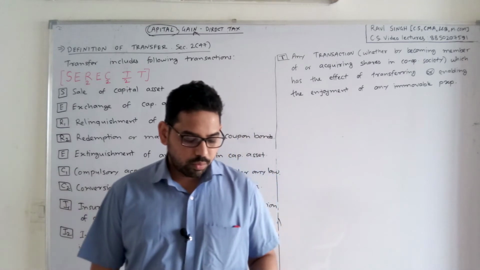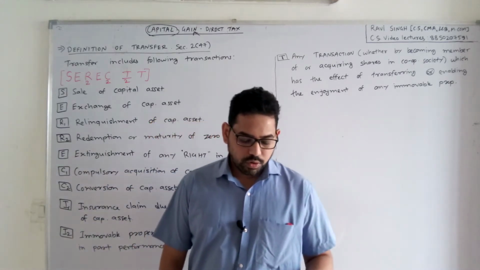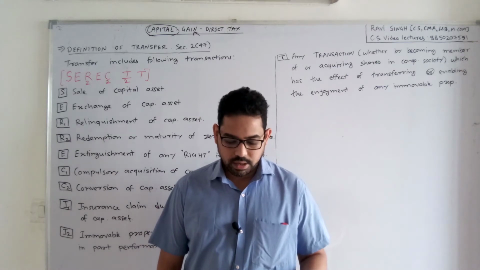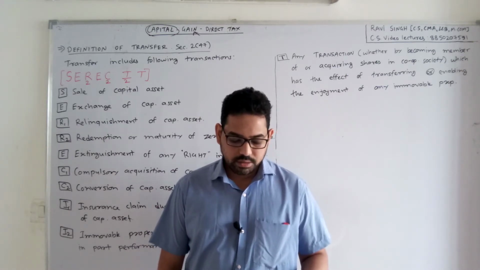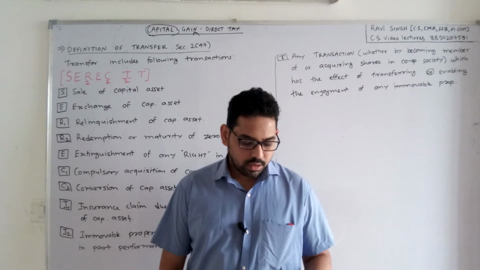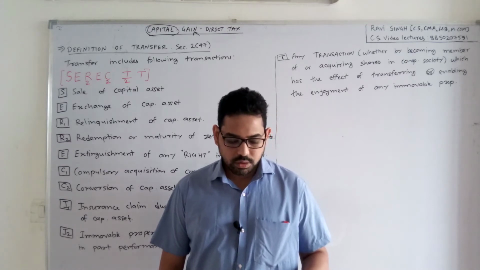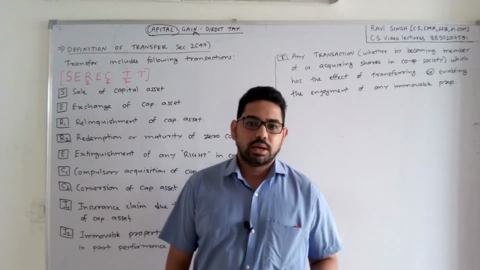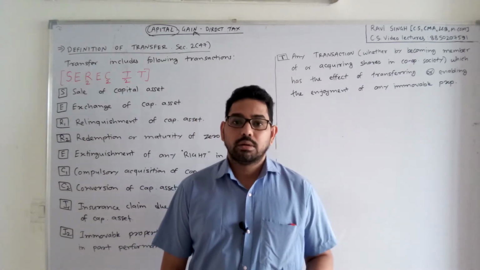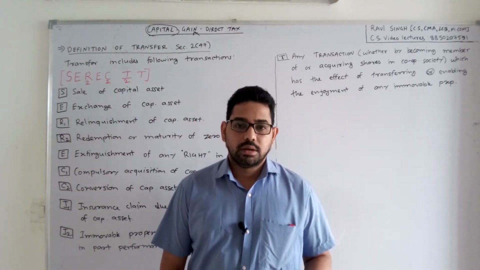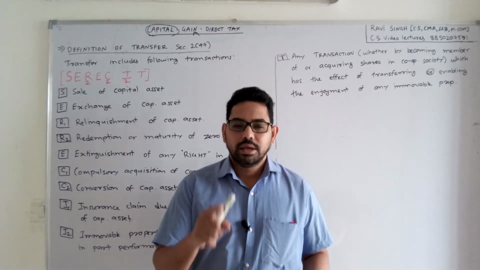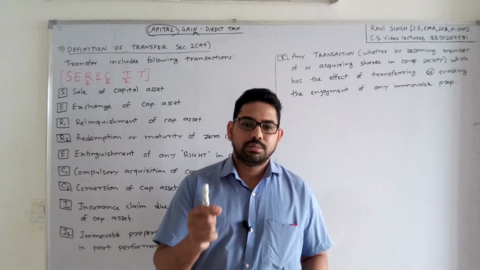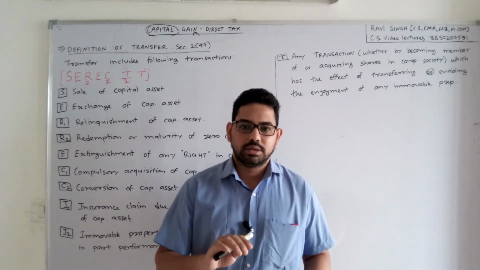So the first important point is assets used for personal purpose but still taxable under capital gain: jewelry, drawings, paintings, sculptures, archaeological collection, or any work of art. Even though they are personal and movable, there will still be capital gain if you transfer such assets. So these are the exceptions of movable personal asset.